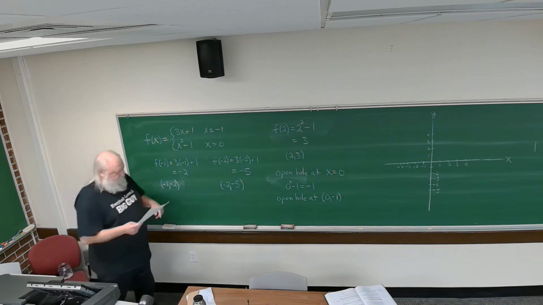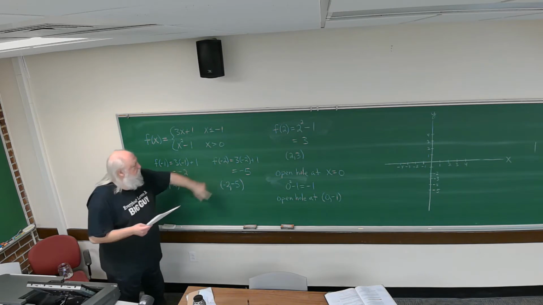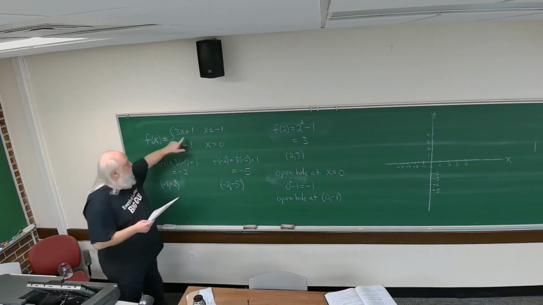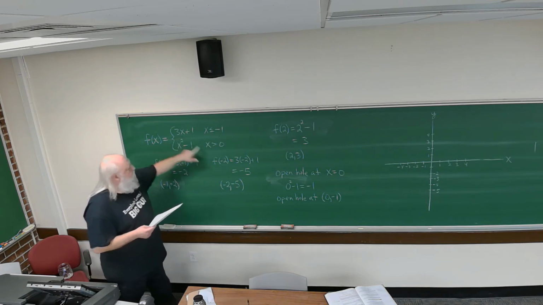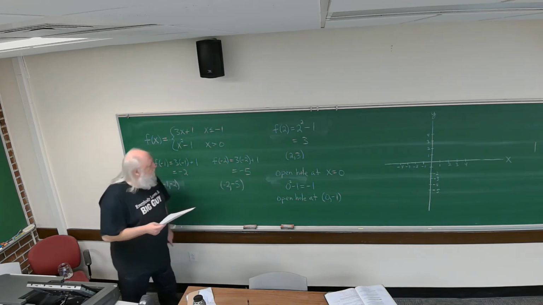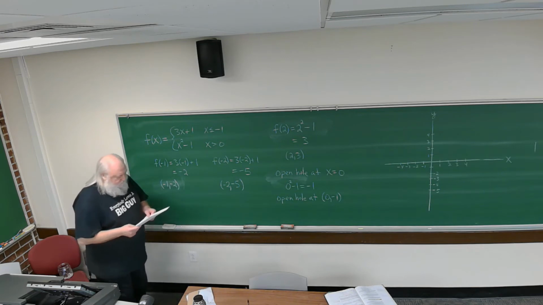To evaluate the function at x equals -2, okay? -2 is less than or equal to -1, so we use the first formula to evaluate the function. F of -2 is equal to 3 times -2 plus 1, which is -5. And so the point -2, -5 is on the graph of the function.